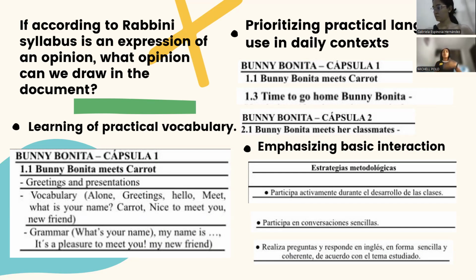For example, time to go home, Boni Bonita. In this context, the student is going to use a grammar pattern or different vocabulary and emphasize basic interaction when the student participates in short conversations, asks questions or gives different answers.